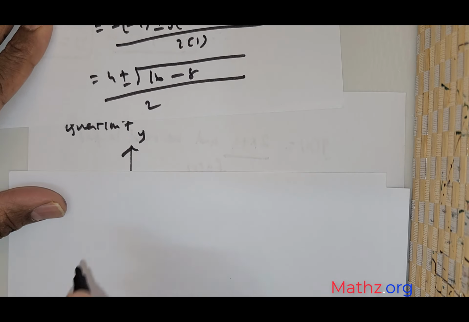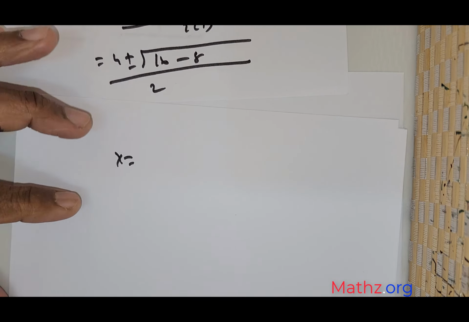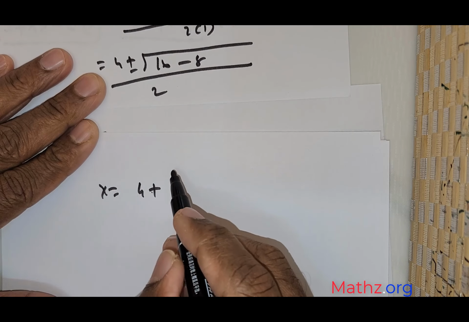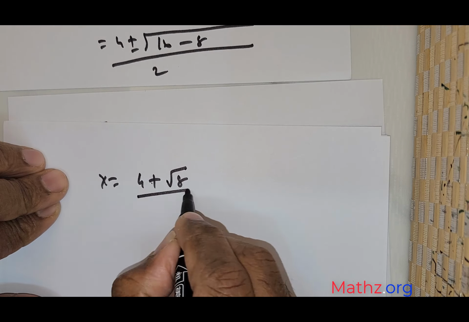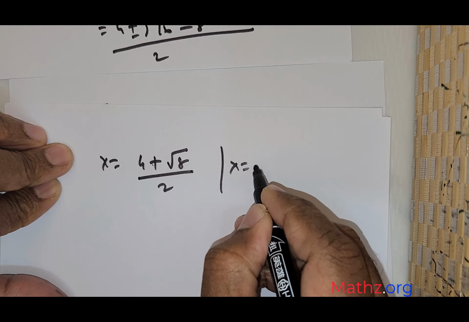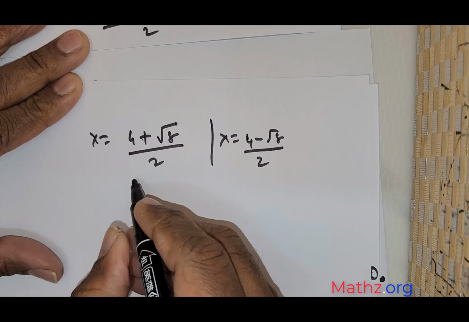This in turn would give me two values. x = (4 + √8)/2 and the next value x = (4 - √8)/2.